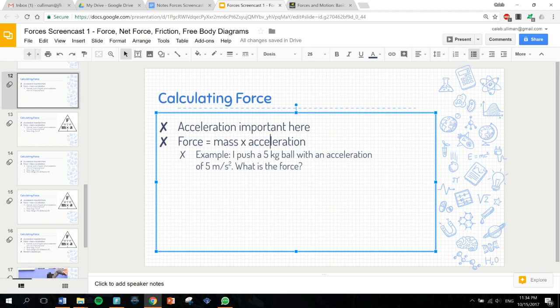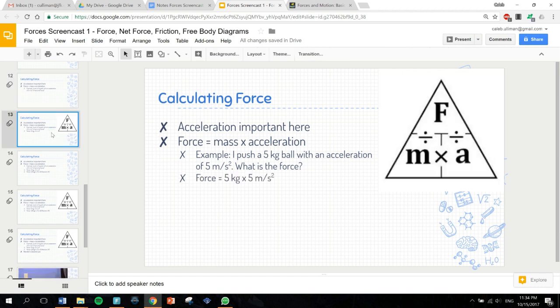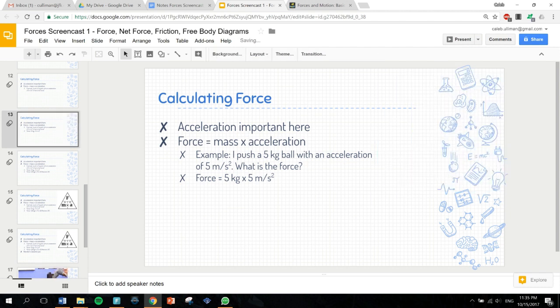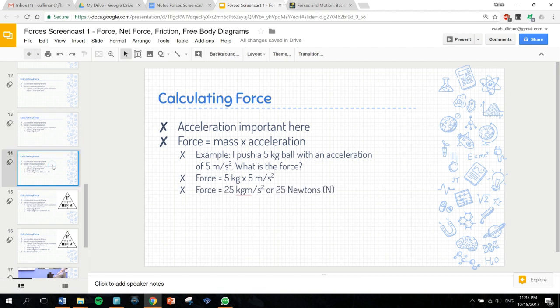For example, I push a 5 kilogram ball with an acceleration of 5 meters per second squared. What is the force? All I do is multiply 5 kilograms times 5 meters per second squared, mass times acceleration, and I get 25 kilogram meters per second squared, or 25 newtons.